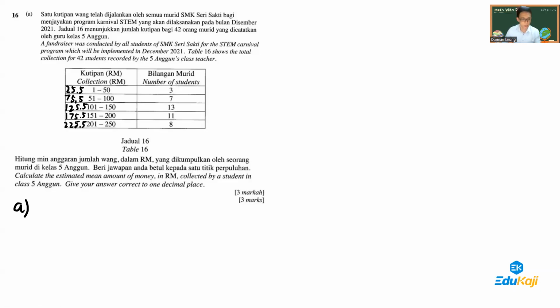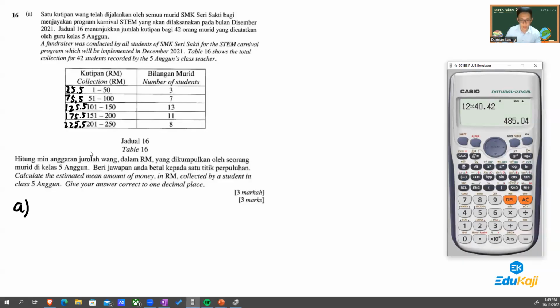And we calculate 3 times 25.5 plus 7 times 75.5 plus 13 times 125.5 plus 11 times 175.5 plus 8 times 225.5.